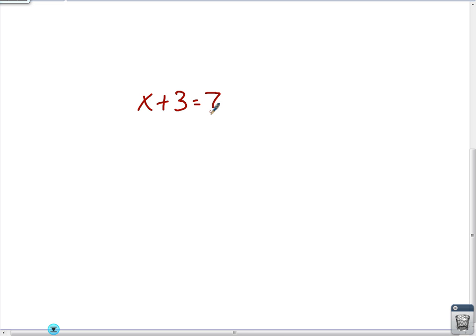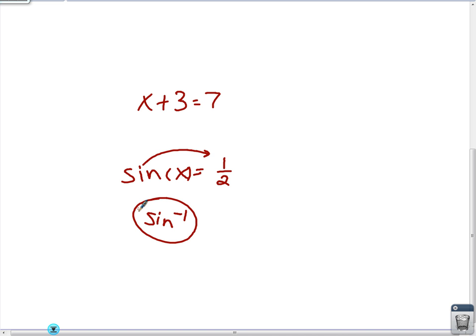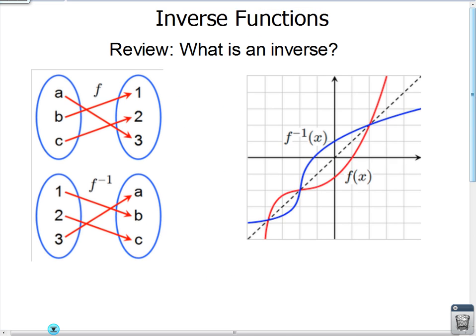Back when we first started this chapter, we did the inverse of sine and cosine. Sine of x equals 1/2. To solve an equation that involves sine, x is your argument. To move sine over, you do inverse sine, or sometimes it's called arc sine. To get rid of cosine, you do inverse cosine or arc cosine. To get rid of tangent, you do inverse tangent or arc tangent.